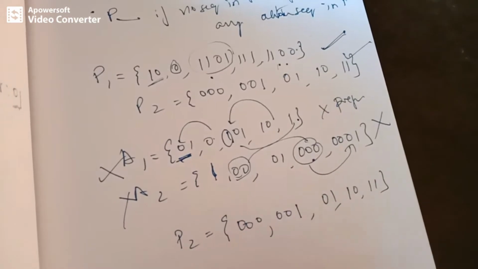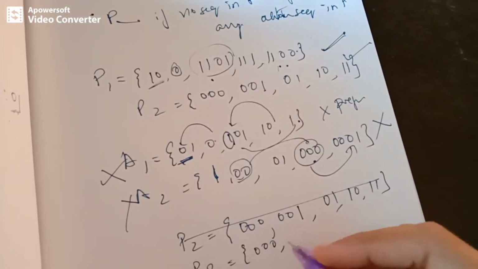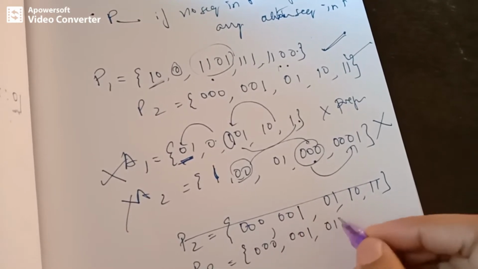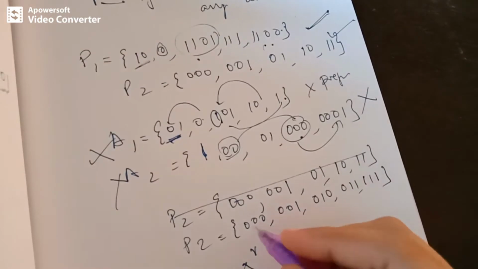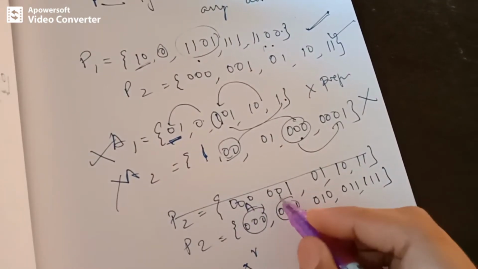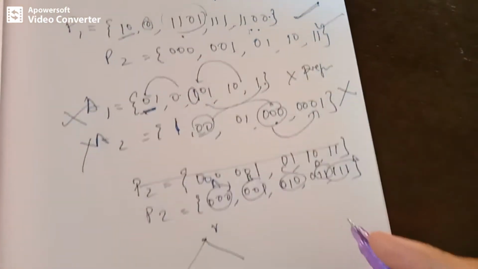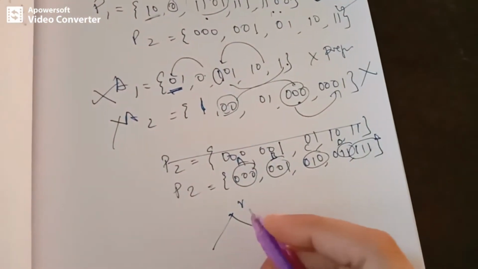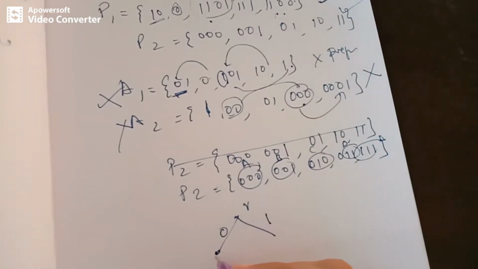So let's take this prefix code. Instead of this, let us take this prefix code 000, 001, 010, 011 and 111. So let us represent these as A, B, C, D and E. Okay. So how do we construct the tree? We start with the root, and for each left branch we label it 0, and for the right branch we label it 1.